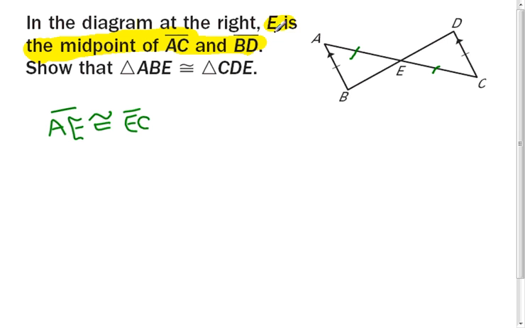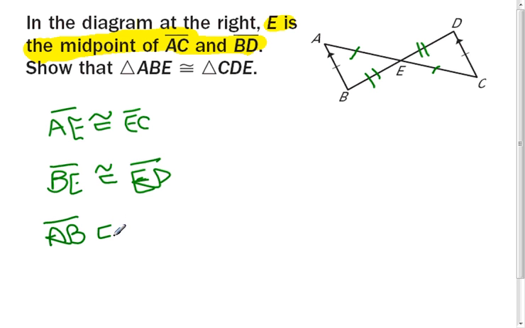If E is also the midpoint of BD, that tells us that BE is congruent to ED. BE congruent to ED. Alright, and it already says in our picture here that AB is congruent to CD. So we have all the sides taken care of.